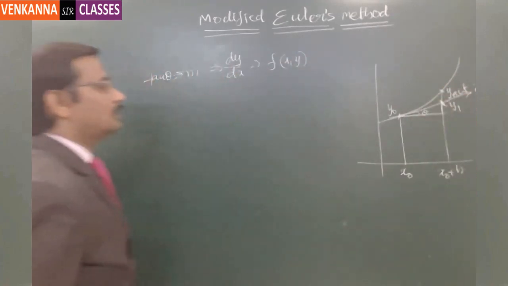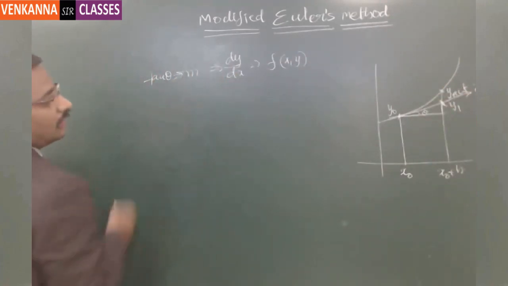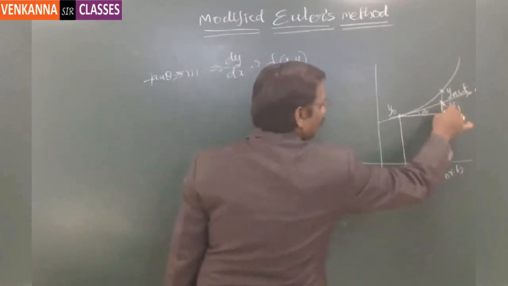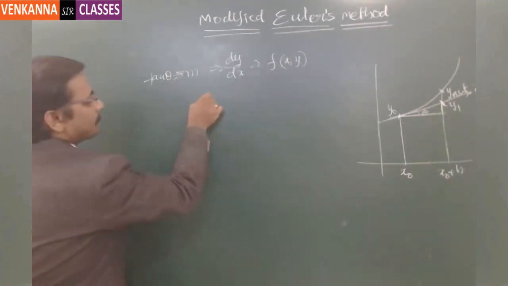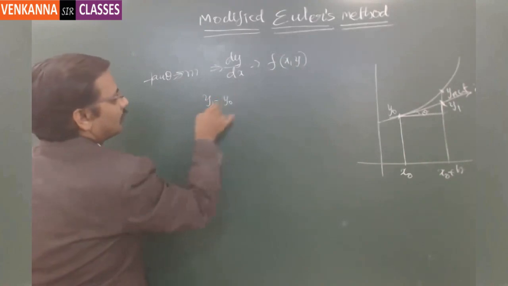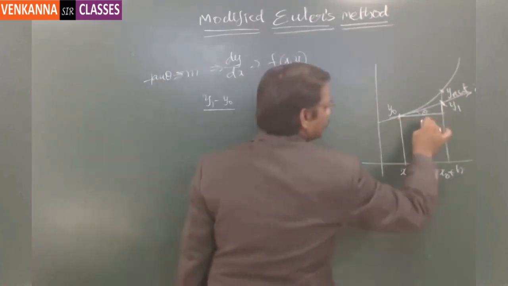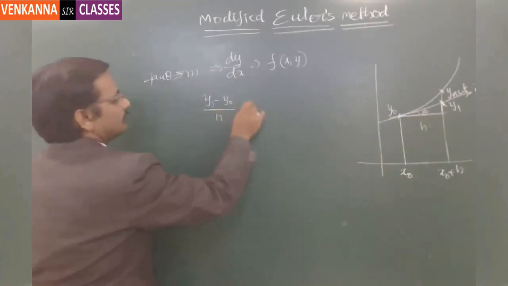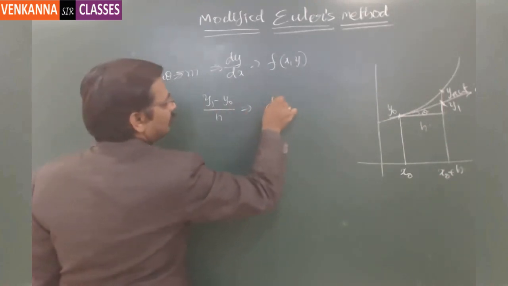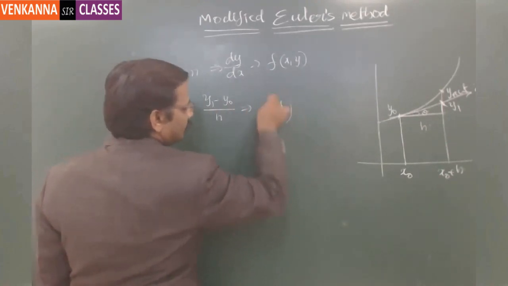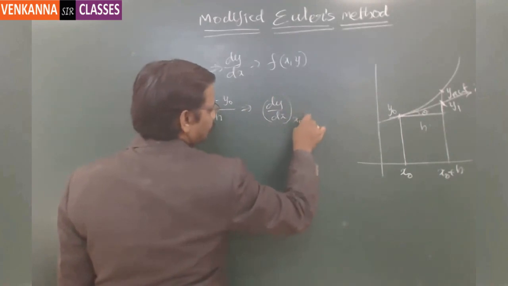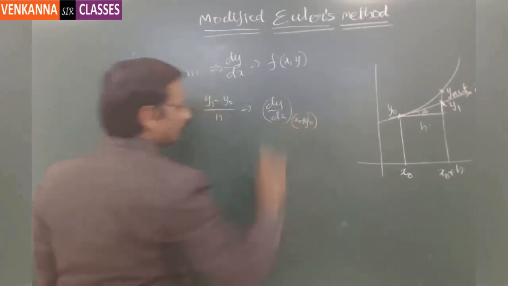So the approximated value of y is nothing but y1, and this difference is y1 minus y naught, divided by this difference, which is h. So this is equal to dy by dx at x naught comma y naught, the slope at that location.